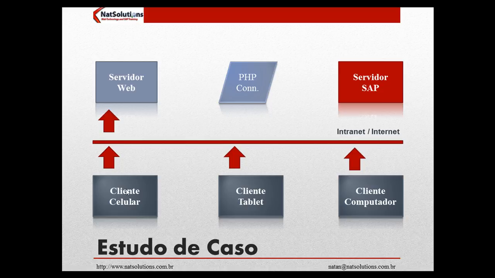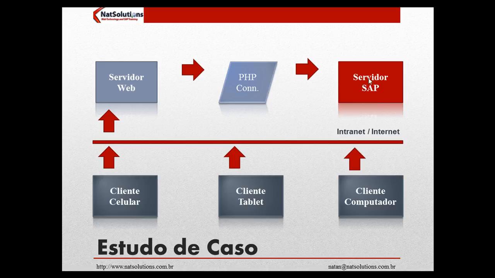No matter what they send, it goes through the web server. The web server uses our SAP RFC connector and goes to the SAP server. Here we have importing and exporting parameters.